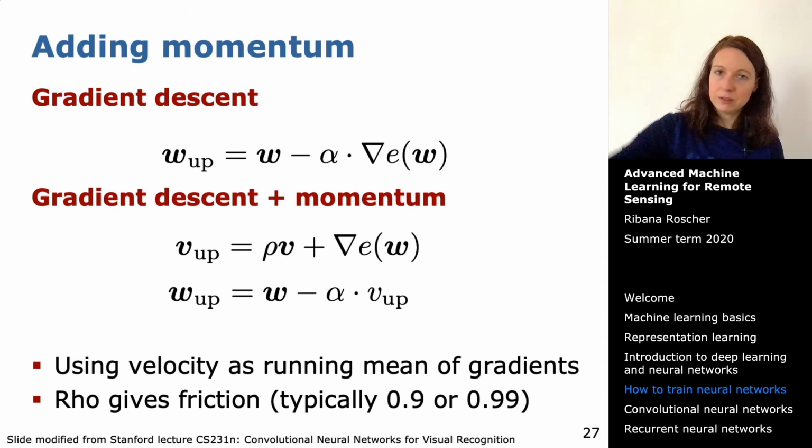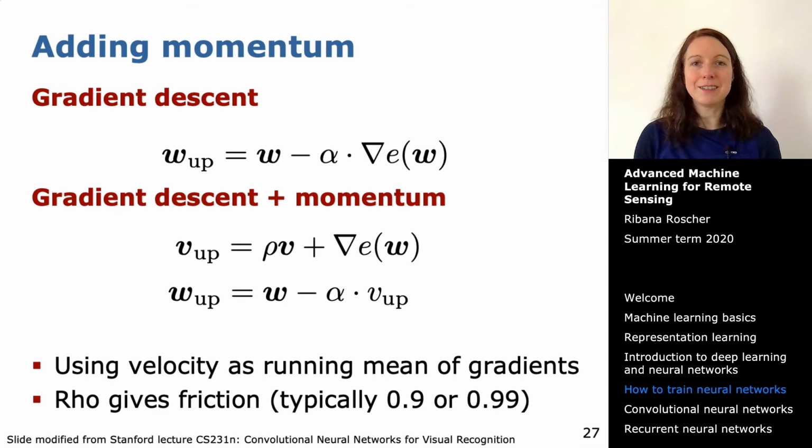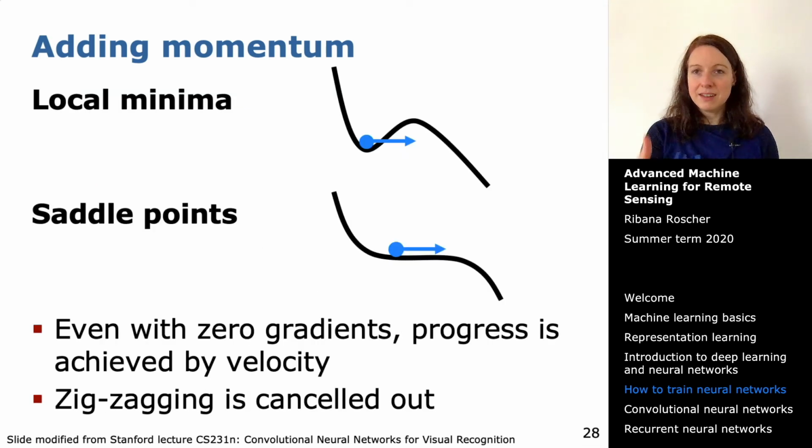And this is good because you will not get stuck. Illustrated here is exactly what happens when you add the momentum. It will bring you out of the local minimum again and over the saddle point.